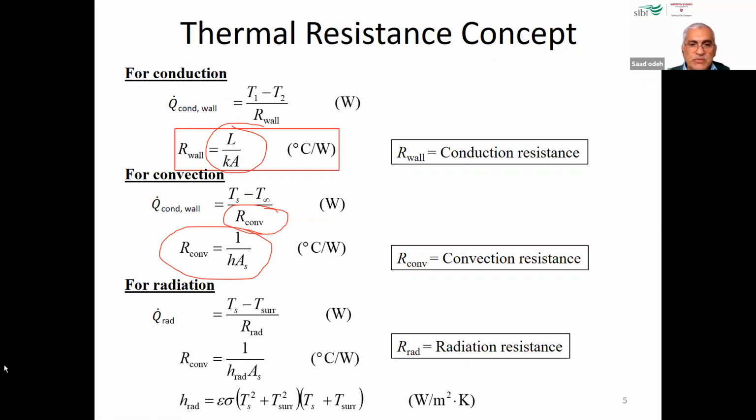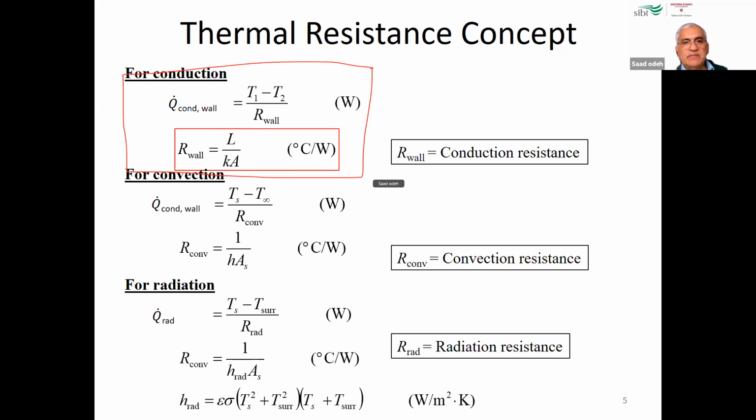We take the part that we consider constant, and R is 1 over h_rad, and h_rad must be calculated by this equation. We'll take this later on, one by one. I just want you to focus now on conduction because this is our topic this week. So just know that R for conduction is L divided by kA. Okay.